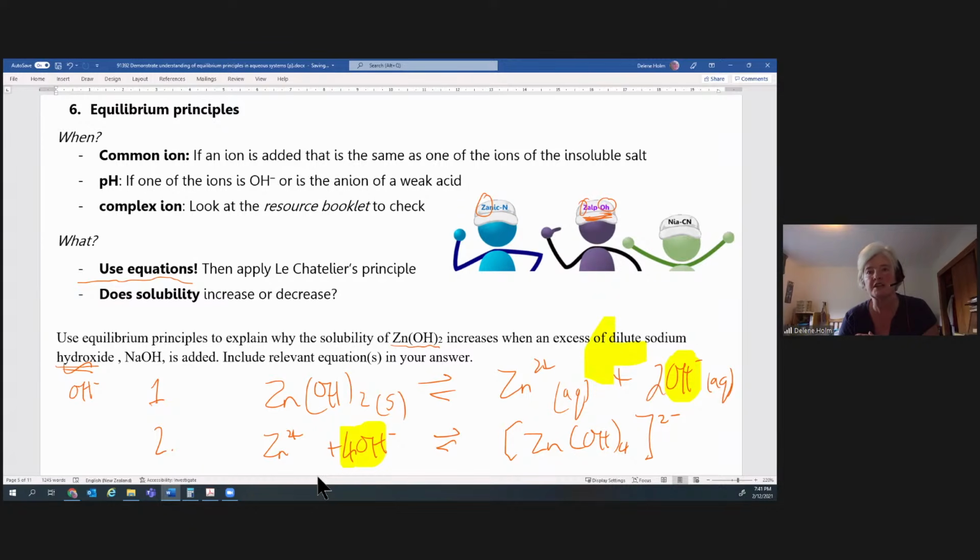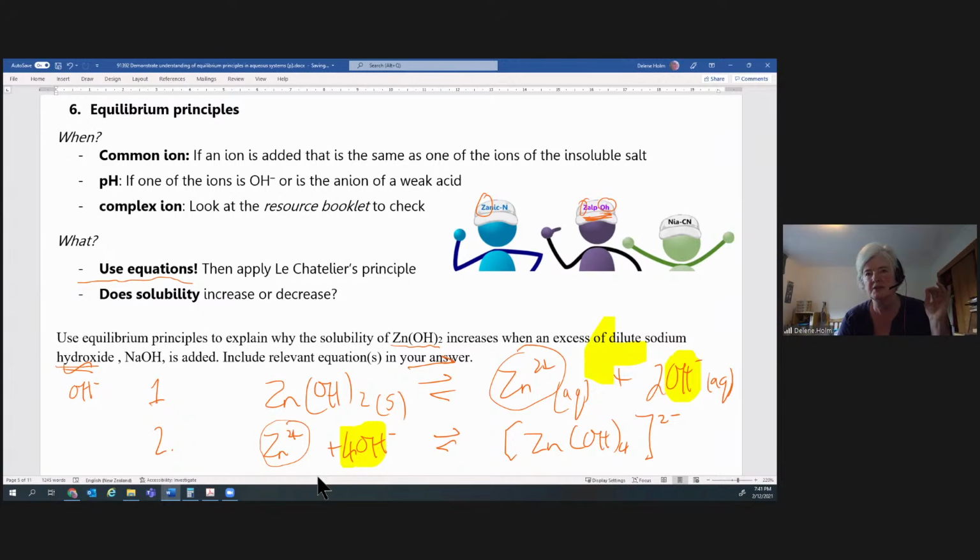So what will happen is once this goes to the right, it means I'm decreasing this. If I'm decreasing this, then by Le Chatelier's principle, the stress is I'm decreasing this, so it's going to go more to the right, and therefore more zinc hydroxide is going to dissolve.